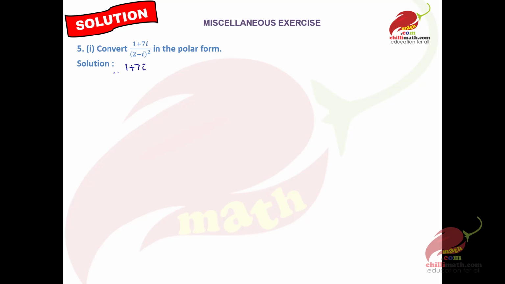This is 1 plus 7 iota over, a minus b whole square is a square plus b square minus 2 into a into b, which is equal to 1 plus 7 iota over 4 minus 1 minus 4 iota. This is 1 plus 7 iota over 3 minus 4 iota. Iota cannot be in the denominator, so we'll multiply by its conjugate.